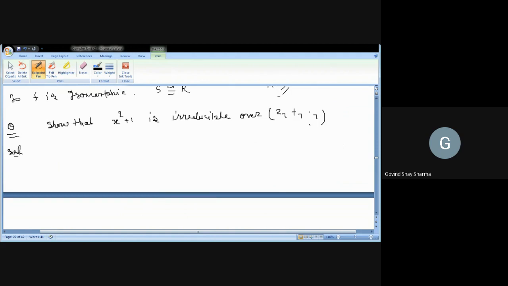We know the elements of Z7 are 0, 1, 2, 3, 4, 5, 6. For element 0, 0 square plus 1 is equal to 1.